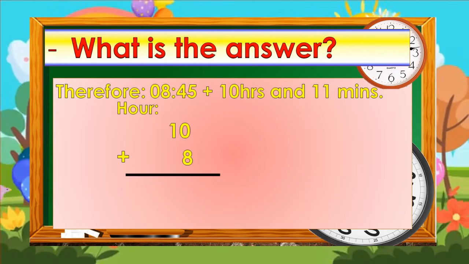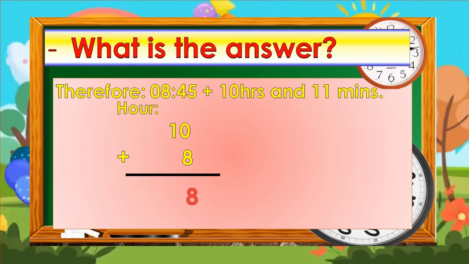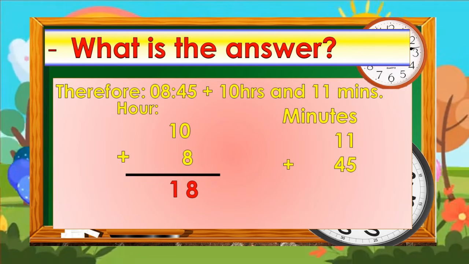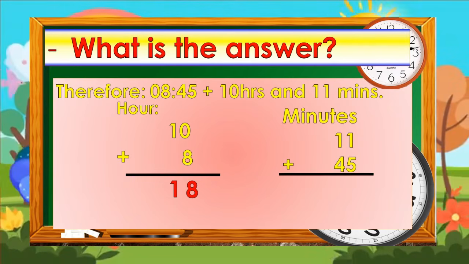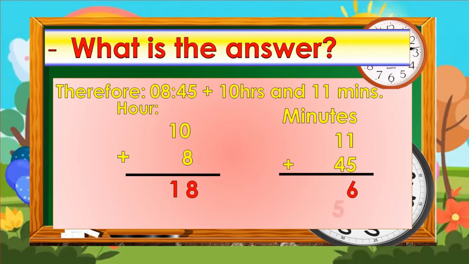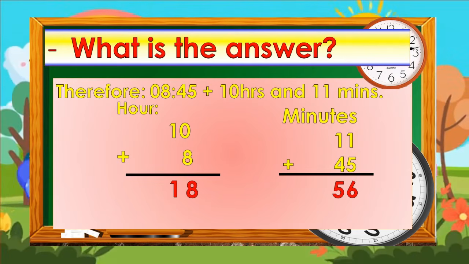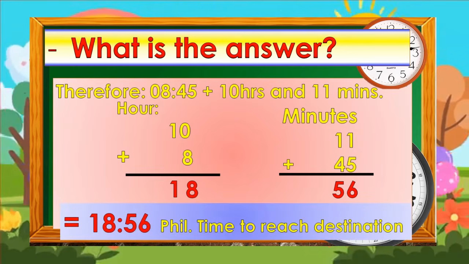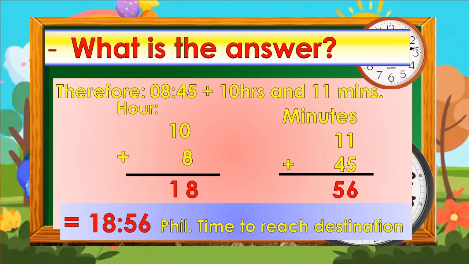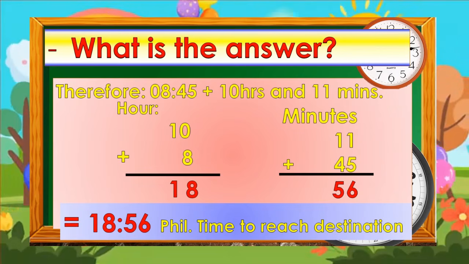So 0 plus 8 is 8. We bring down 1. So the answer is 18. And then the minutes, we have 11 minutes and 45 minutes. 1 plus 5 equals 6. And then 1 plus 4 equals 5. So by 1856 hours, John will reach his destination in Philippines time.